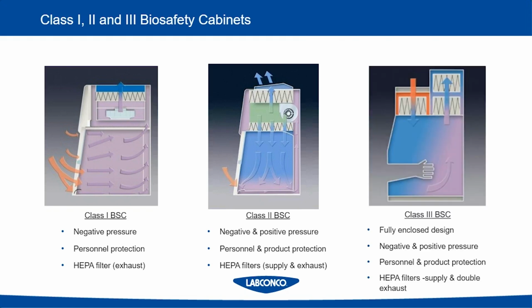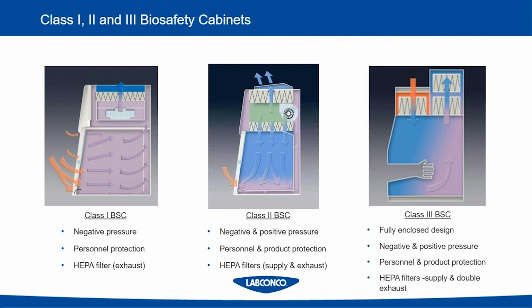And then there's a third class of biosafety cabinet, and these would be called Class III BSCs. These are fully enclosed designs, commonly referred to as a glove box. They have both negative and positive pressure. They protect both the person and the product working with them, and they're a fully enclosed design.